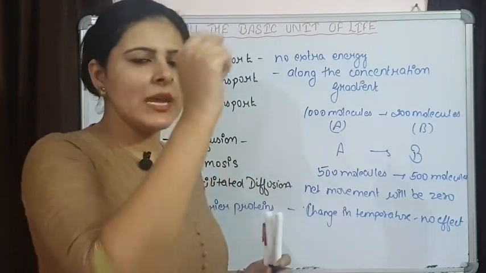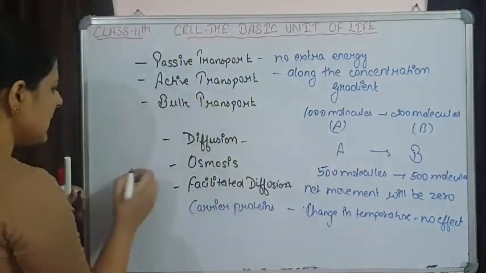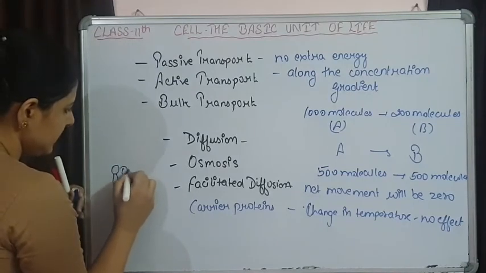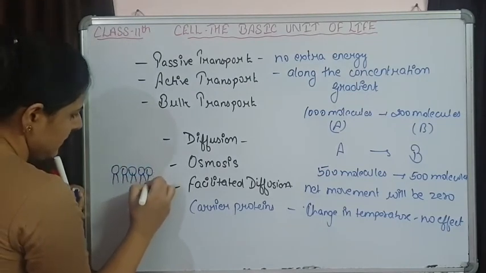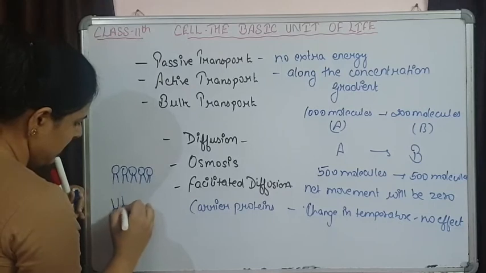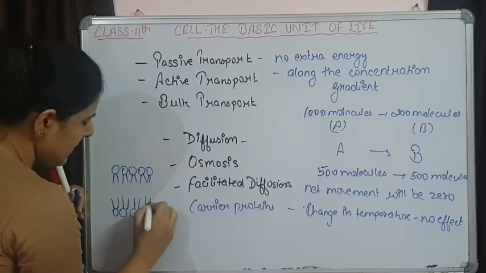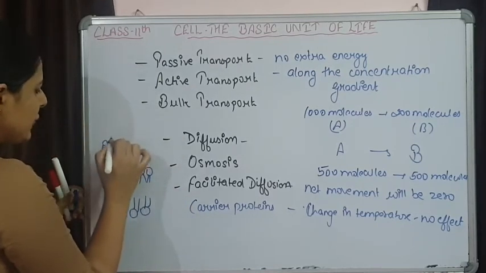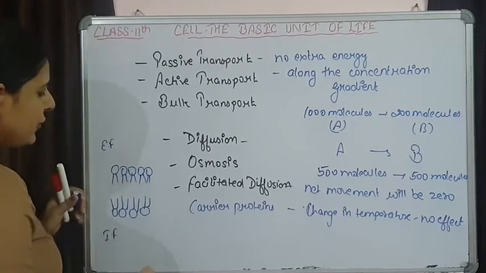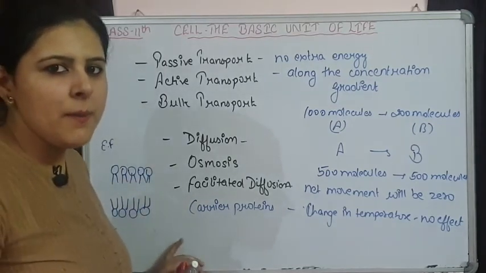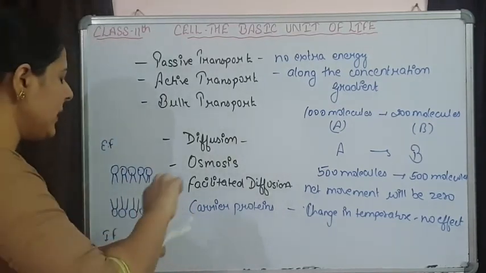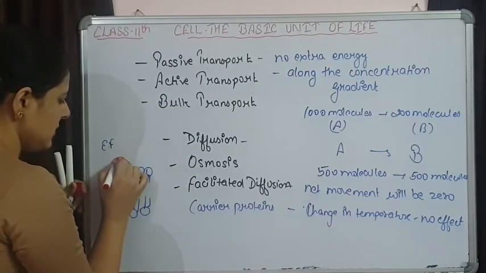So on one side of the plasma membrane, say this is our plasma membrane, this is the extracellular fluid, and this is the intracellular fluid, meaning cytoplasmic matrix is there, and over here a protein is present.